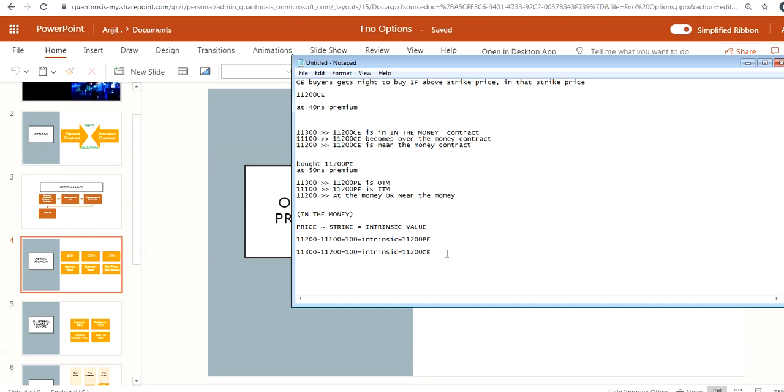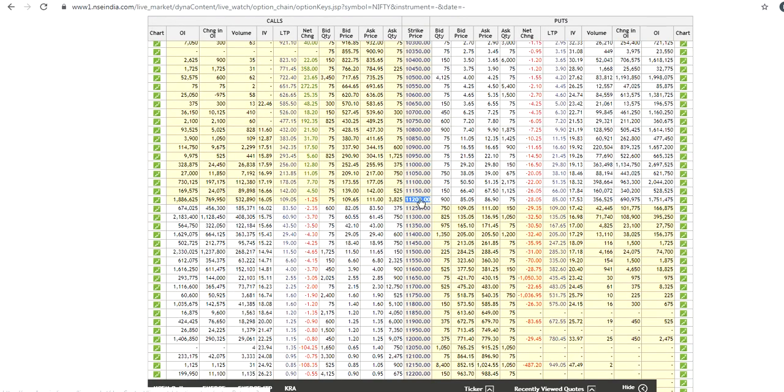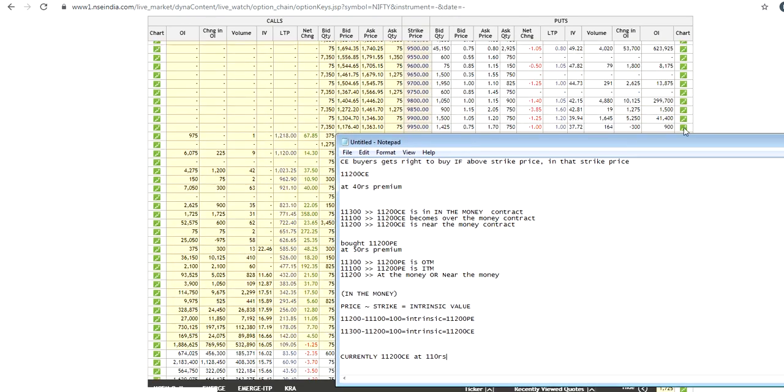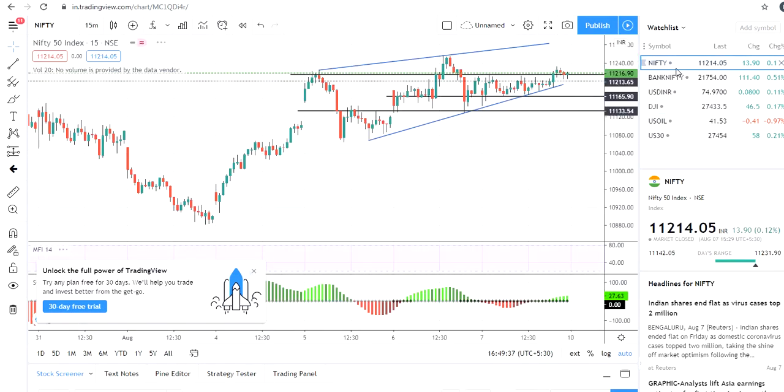Okay, so if we go back here, you will see the last traded price. The 11,200 price is showing 109 rupees right now. So let's say currently 11,200 C is at 110 rupees. But what was the latest Nifty price? The latest Nifty was 11,217.